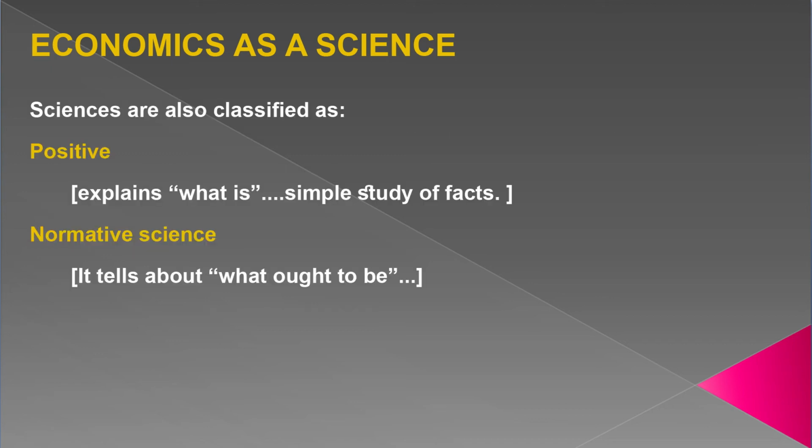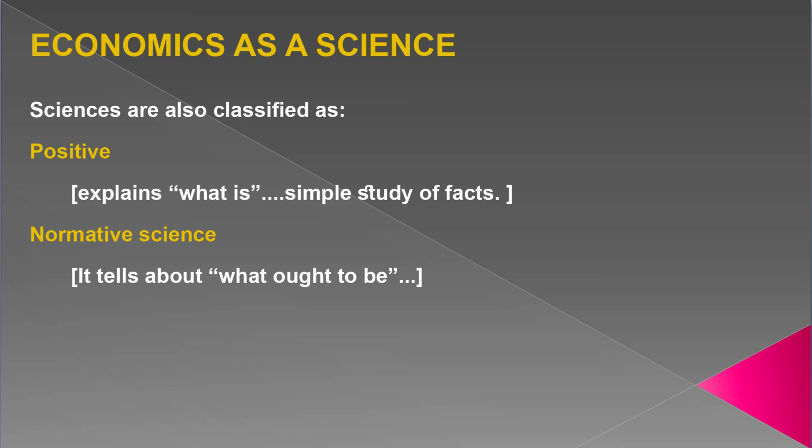Sciences are also classified as positive sciences and normative sciences. Positive sciences explain only what is. For example, we may make a schedule of the tax amount collected from different taxes. This is positive economics, in which what is, is explained.